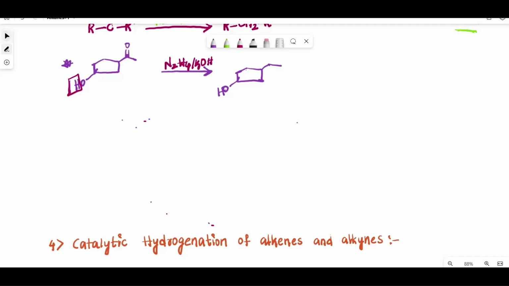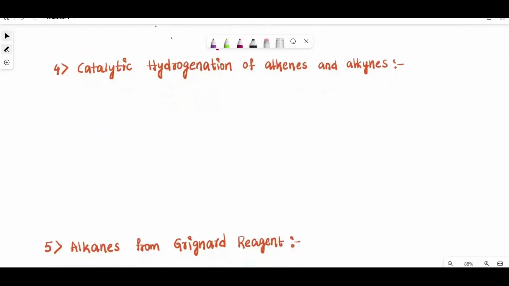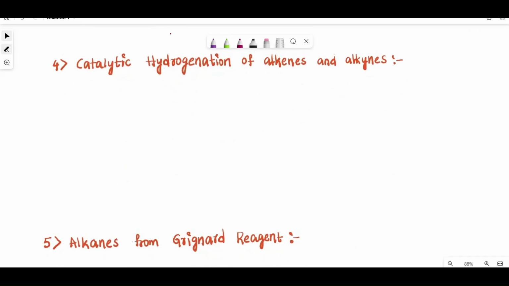Let's see another method, the fourth method. That one is catalytic hydrogenation of alkenes and alkynes. Here in this method, we will use the reagent hydrogen, H2, in the presence of platinum or palladium, or else we can take nickel at high temperature.